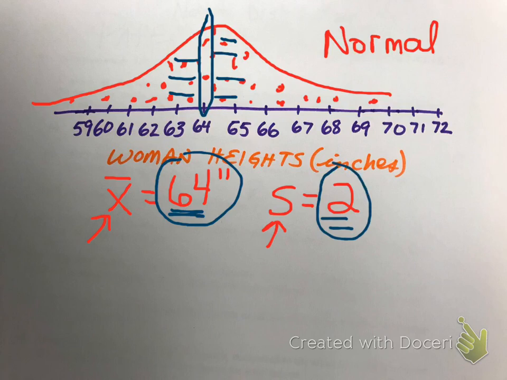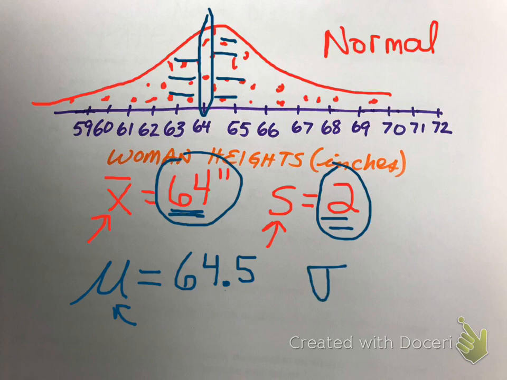It gives you an idea of how the data is laid out. Now, if we talk about the population of all women, I'm going to be using a Greek letter called mu. Mu is the population average. X bar is the sample mean. Whenever you use a Greek letter here, that's called the population mean.